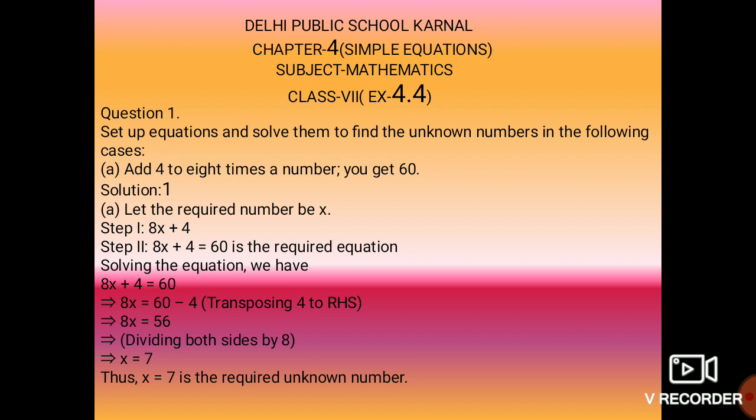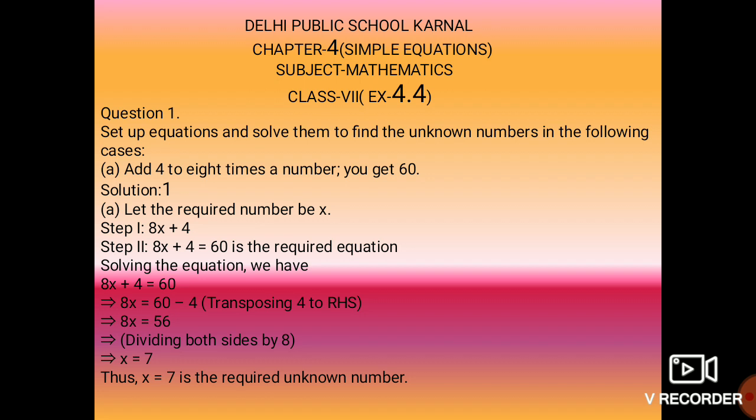Now you have to solve the equation for the unknown number. The unknown number in this equation is x, so you have to find the value of x. In the first step, we transpose 4 to the right hand side. On the left hand side it has the sign of addition, and when shifted to the right hand side, the sign of addition changes to subtraction.